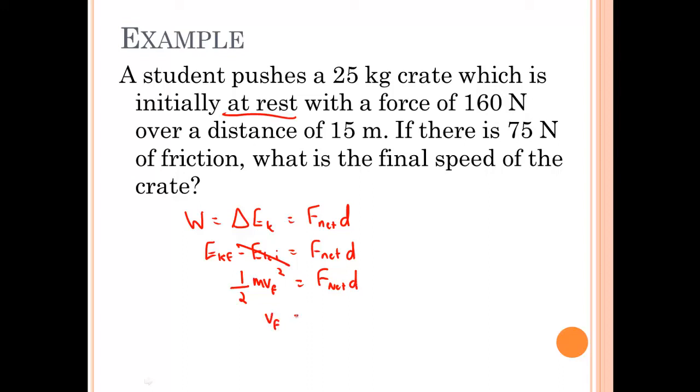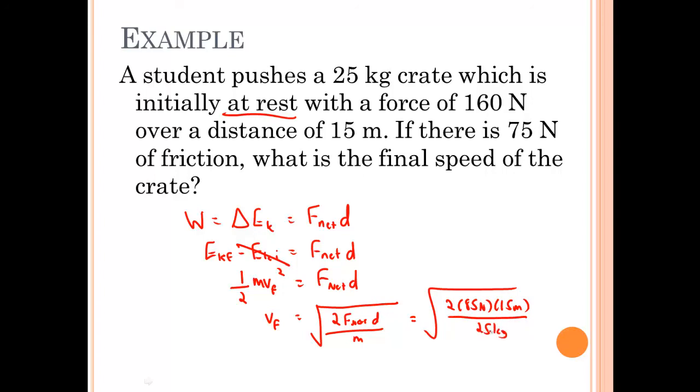Our final velocity has to be equal to the square root of 2 F net times d, divided by our mass. If we plug in the values, we get the square root of 2 times 85 newtons times 15 meters divided by 25 kilograms. If we've done everything right, we should end up with about 10 meters per second, depending on if you deal with sig figs or not. I don't. That's a chemistry issue, not mine.